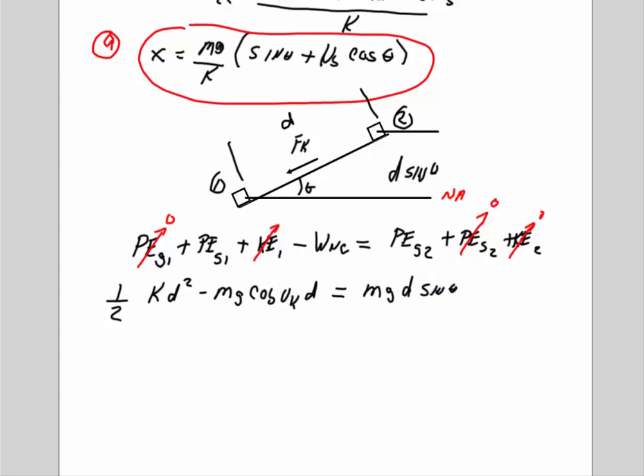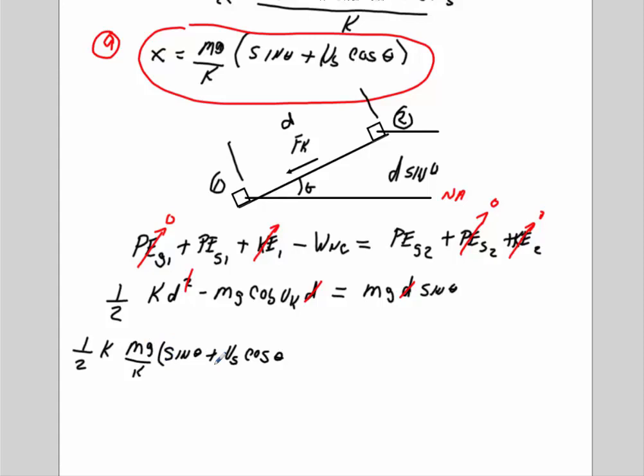Okay, now we're going to simplify. We'll divide everything by d. This will cancel, and this will cancel here. So now we're down to 1/2 k value, and now we're going to put the d in, and the d again is all this: mg over k times the sine of theta plus mu of s times the cosine of theta.